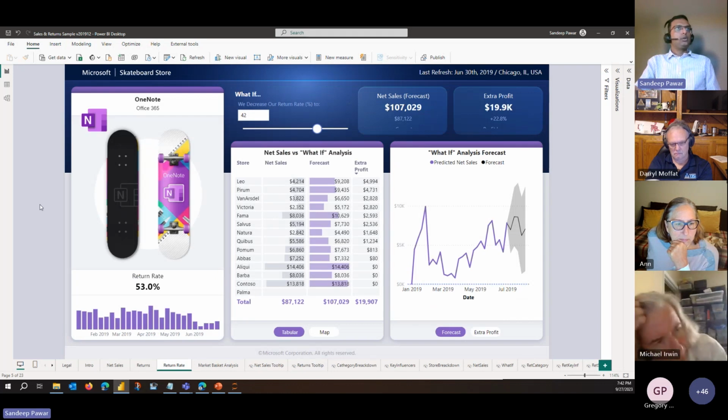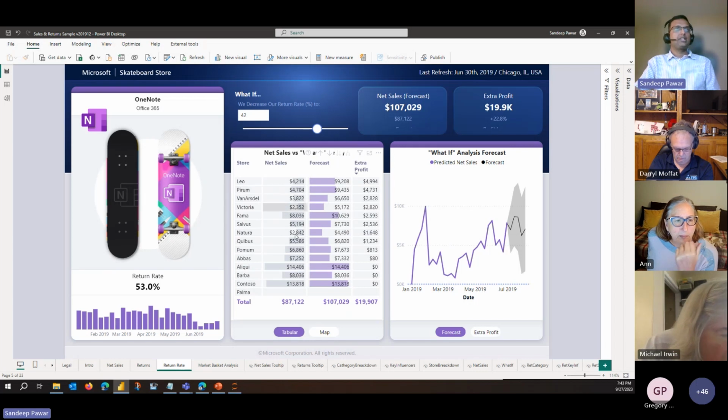So if I go to this page over here with the return rate, what caught my attention is this looks nice. This is, let's say, somewhat of an advanced feature in Power BI where you can do a what if analysis, right? You create a what if parameter. I have stores, the net sales, the forecast, and the profit.